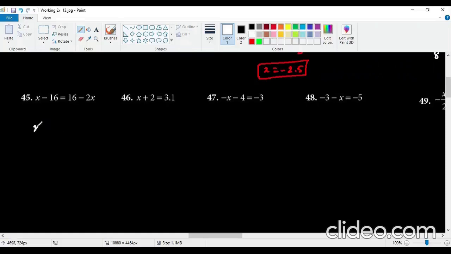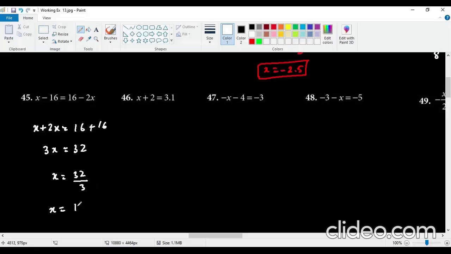When it comes to question number 45, it's going to give us x plus 2x and 16 plus 16. That means this is 3x equals 32, and x equals 32 over 3. So in here, we know very well that 3 times 11 is a 33.